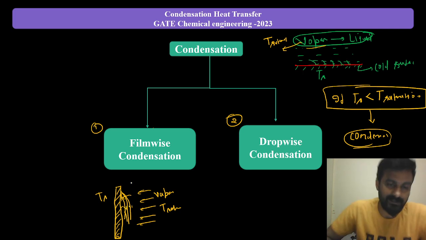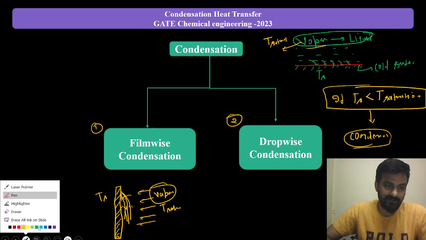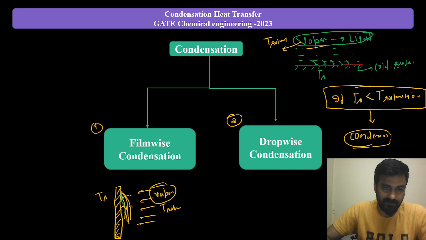In film-wise condensation, the vapor gets condensed over here and blankets this surface. It will totally cover this particular surface in the form of a film. That's why it is known as film-wise condensation.